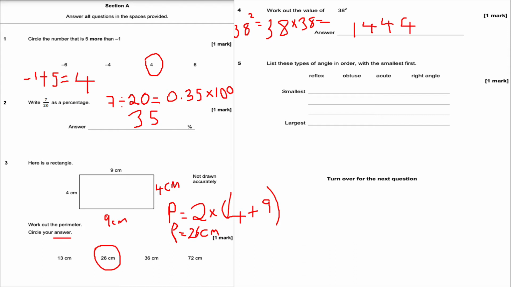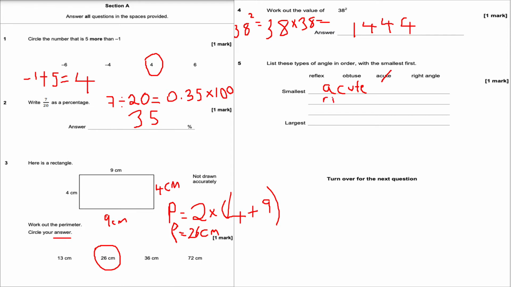Question number 5, guys. List these types of angle in order, starting with the smallest first. The smallest angle is what I call an acute. An acute angle is an angle that is less than 90 degrees, so it's bigger than 0 but less than 90. The next one is going to be a right angle.